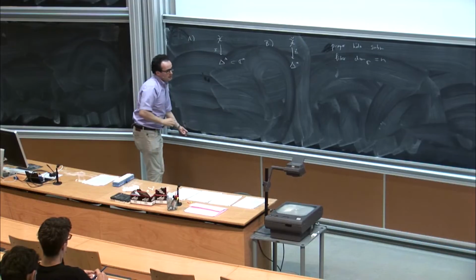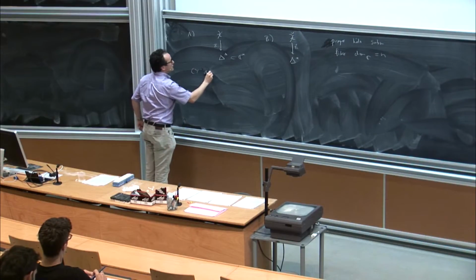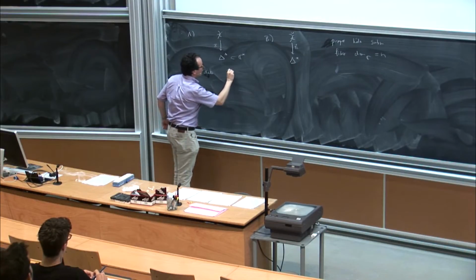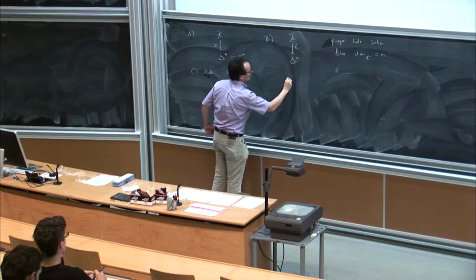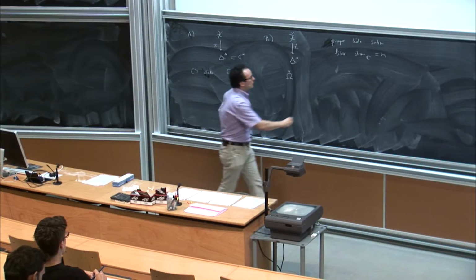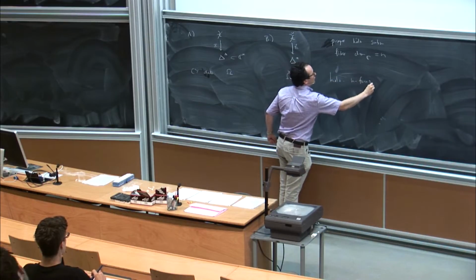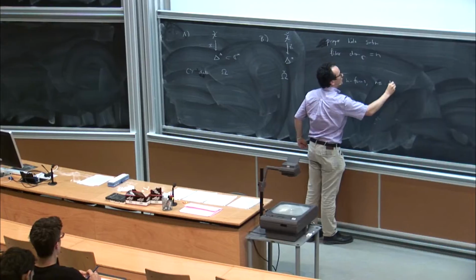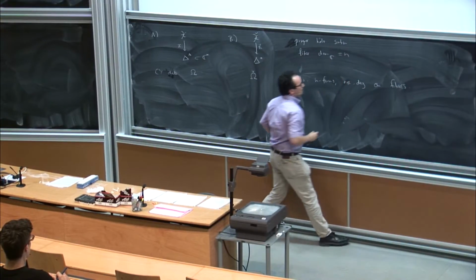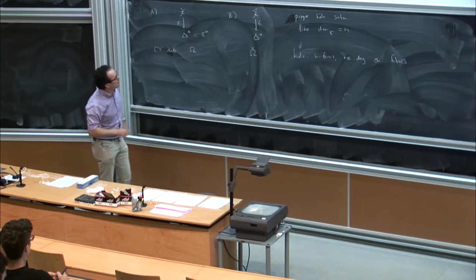And these fibers will be Calabi-Yau, so they'll come with volume forms. So omega on X and omega check on X check will be holomorphic n-forms that are non-degenerate, positive on the fibers.